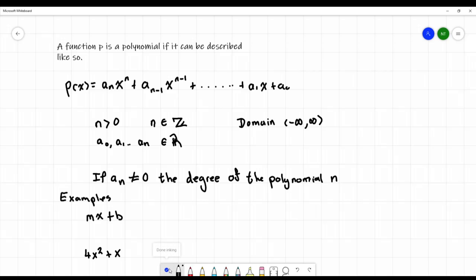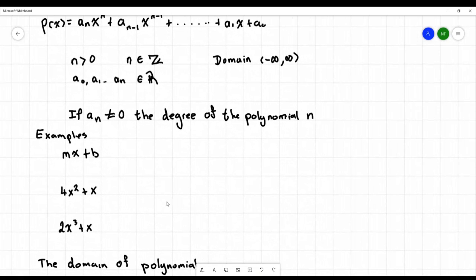So let's look at those examples. Here the coefficient is m, and m is in R. And mx + b is basically a line, and it is a polynomial. It's a polynomial of degree 1 if m is not equal to 0.